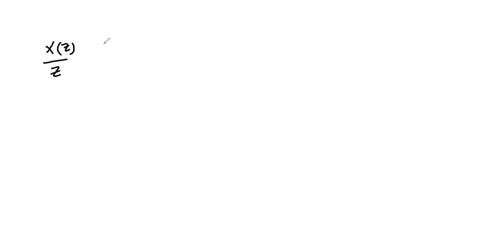We expand it in partial fraction form, and then once we have the partial parts, we multiply all of them by z.